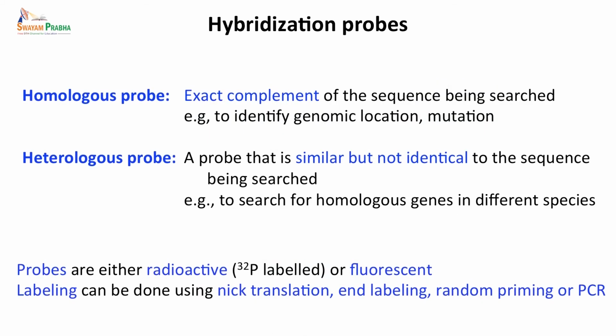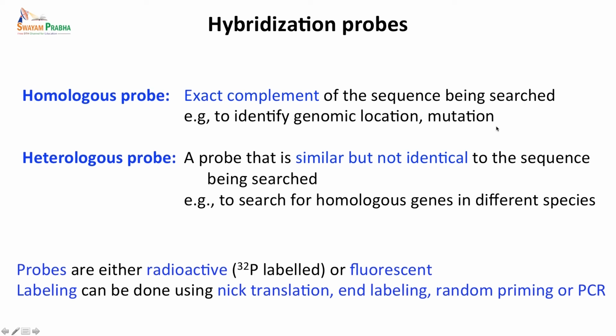So these probes are of two types, the homologous probes or heterologous probes. Homologous probes, as the name suggests, are from the same organism, and these are the DNA fragments which are the exact complement of the sequence that is being searched. So for example, you have a partial fragment of a gene.